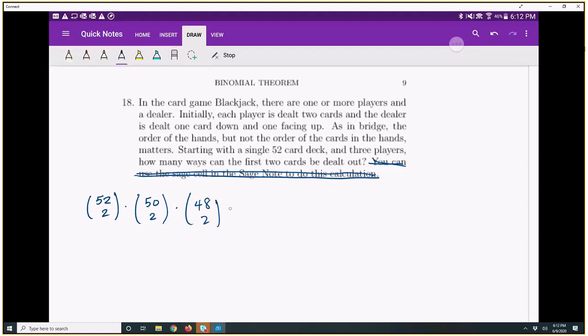There are 3 players, but the dealer also gets 2 cards, so we'll multiply that by 46 choose 2. And this ends up being, again, some very large number. So billions and billions of ways that the first 2 cards can be dealt at a blackjack table.